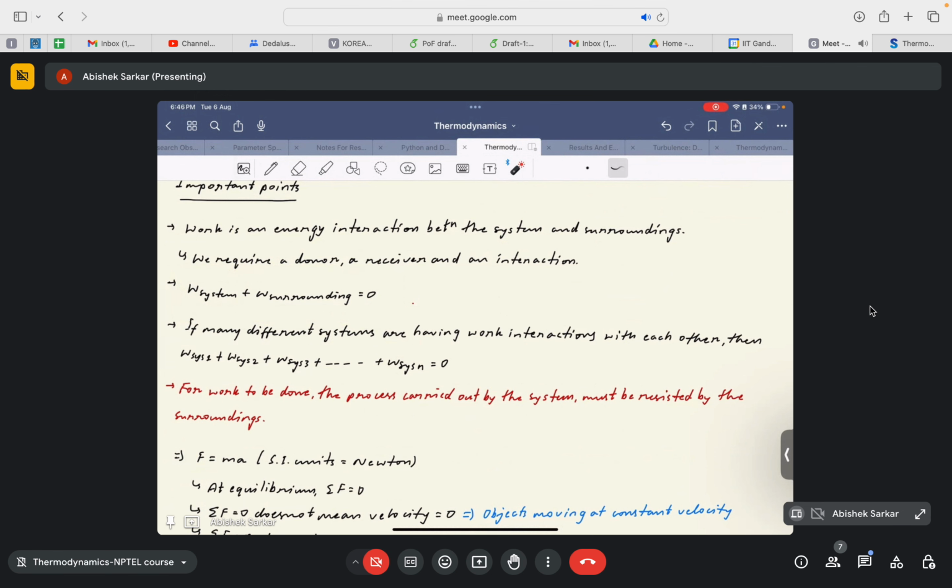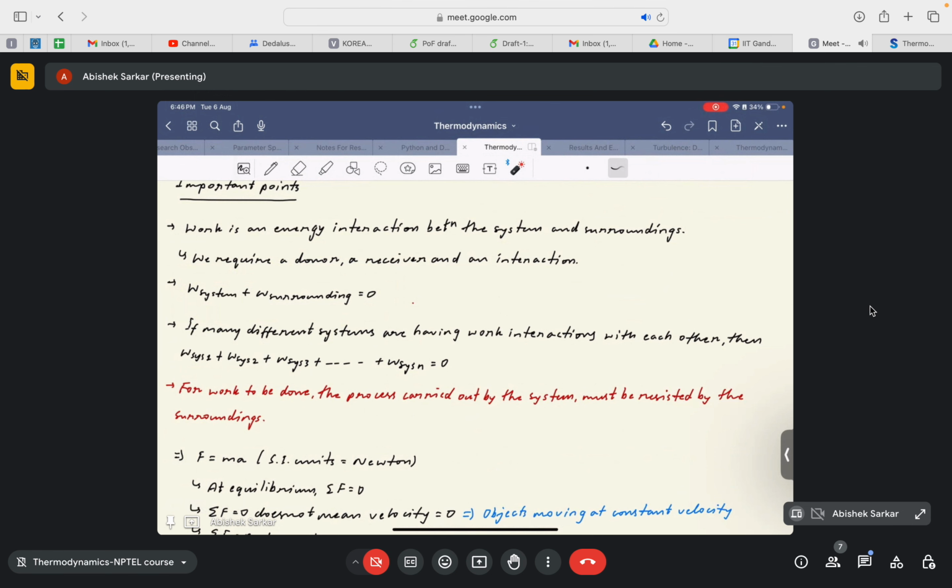Now, in line with this expression, if we have many systems that are having work interactions with each other, then the work done for system 1, work done for system 2, work done for system 3, up to work done for system n, where you can consider the last system as the surrounding, this summation would be equal to 0.